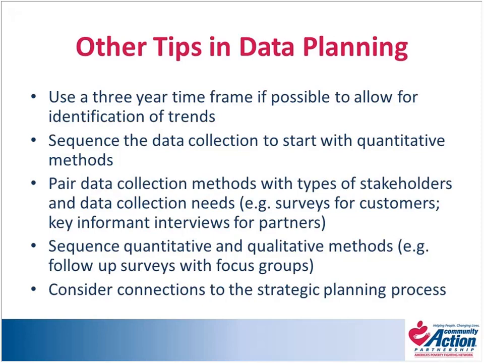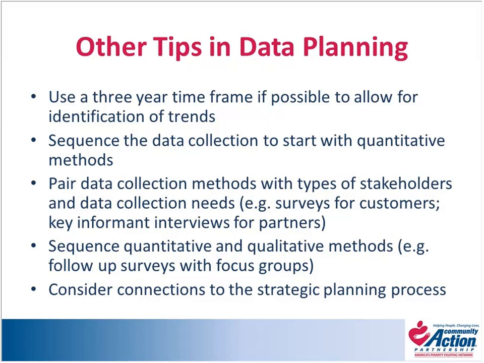So a few other tips in data planning. You want to, if you can, use a 3-year time frame to allow for identification of trends. Also sequencing data collection to start with the quantitative methods first, so you can kind of see what the numbers are telling you, and then use the qualitative data to really explore what those numbers are saying. Also pairing data collection methods with types of stakeholders and data collection needs.